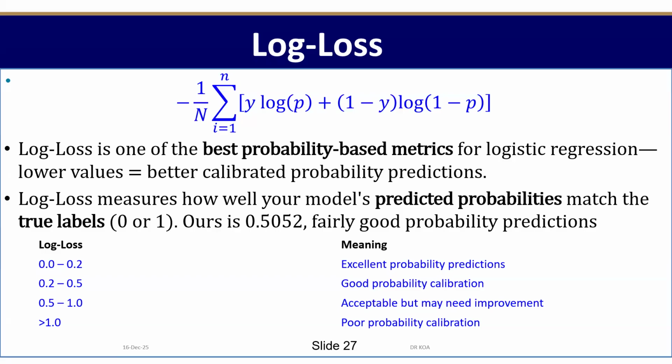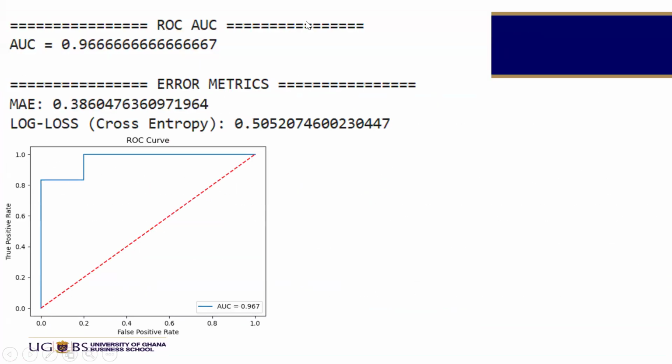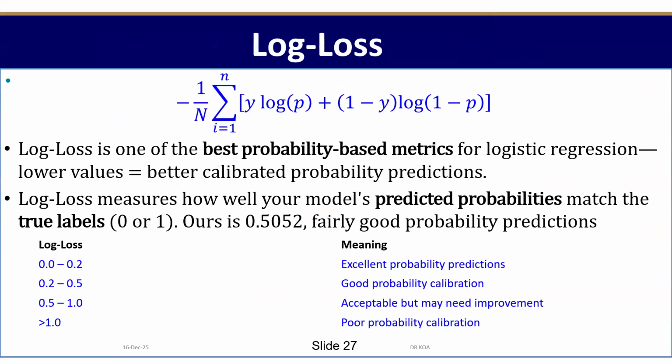Our log loss value, if you check up here, we use cross entropy. It is 0.5, which is almost 50% or 51%. So our value is fairly good.